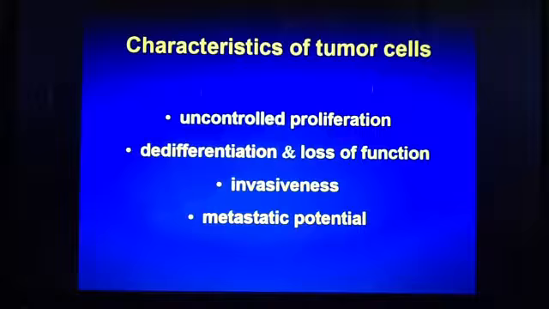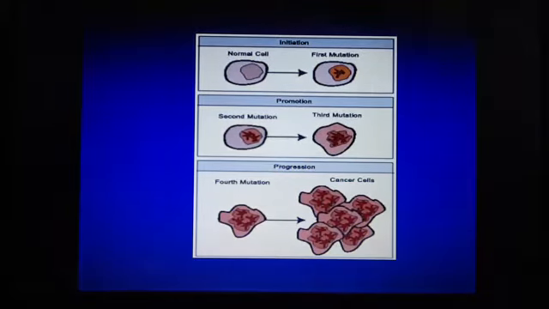Okay, characteristics of tumor cells. We must think about uncontrolled proliferation, de-differentiation and loss of function, invasiveness, and metastatic potential. So we first have a normal cell, then it mutates in the first mutation. This is called initiation.